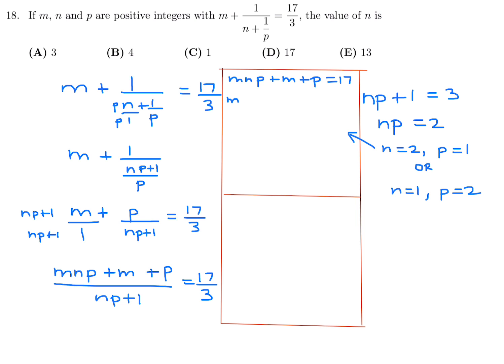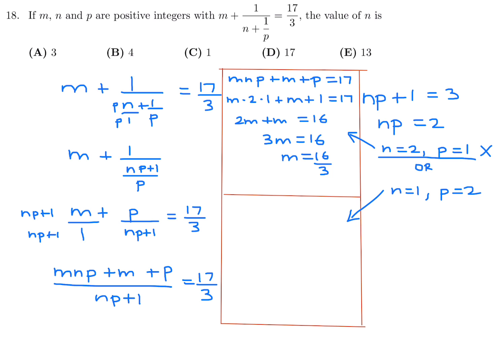So we have m times 2 times 1 plus m plus 1 is 17. So that's 2m plus m is equal to 16, and therefore 3m is 16, and therefore m is equal to 16 over 3. Well, unfortunately, 16 over 3 is not an integer. So this scenario is no good.